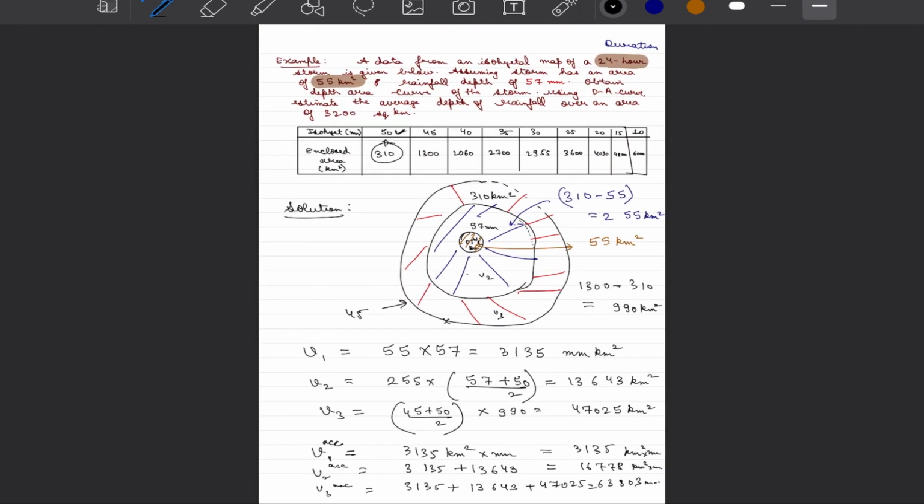Now we have calculated the volume. Now we are interested in getting the depth area curves. So what we want here is area A1, and to calculate the average depth of precipitation that has fallen up to this point. The average depth of precipitation at a particular area would be simply the total V accumulated divided by the total area that we have covered up to that point.